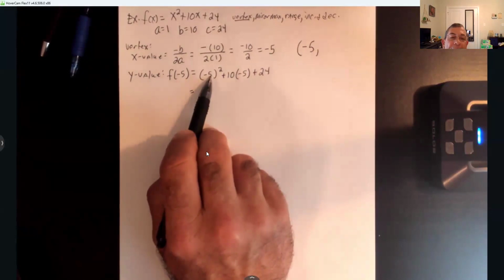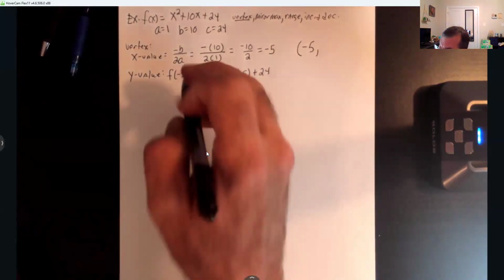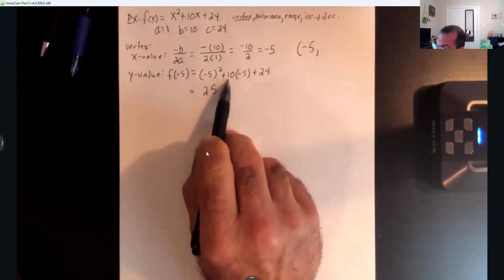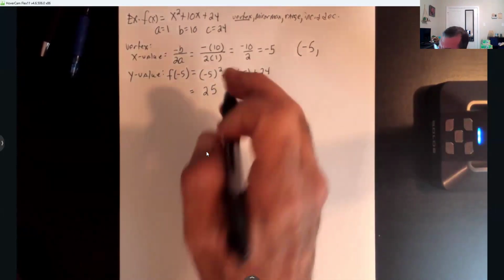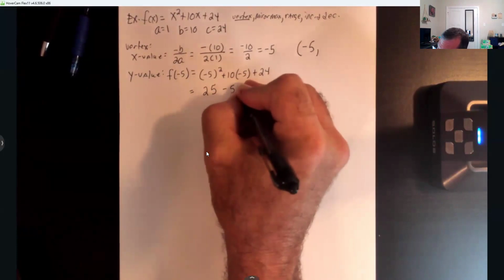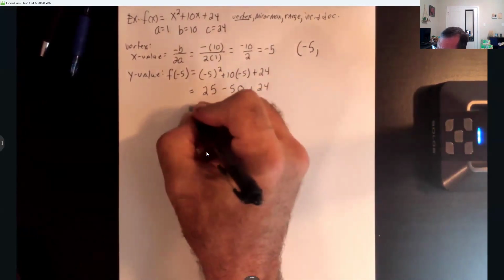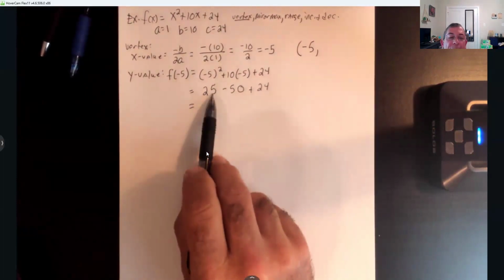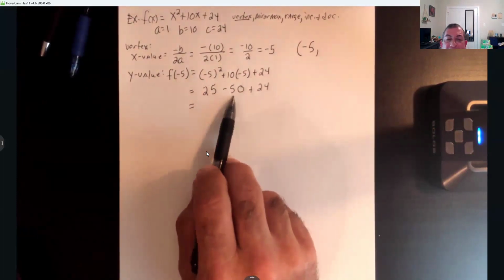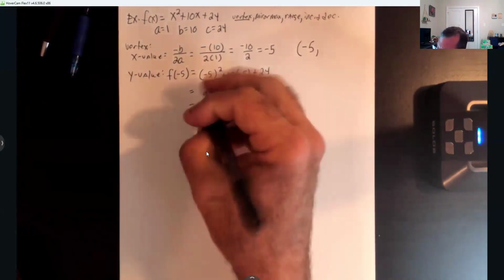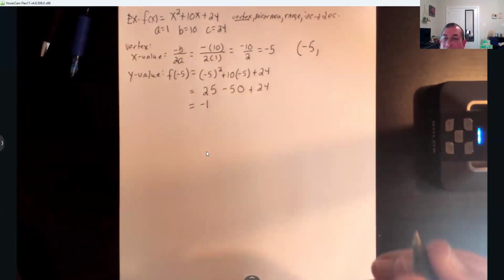All right, y'all, so negative 5 squared gives me positive 25. Here we got plus 10 times negative 5. That'll make that a negative 50. And then plus our 24. All right, y'all, so 25 minus 50 gives me negative 25 plus 24, which gives us a negative 1.